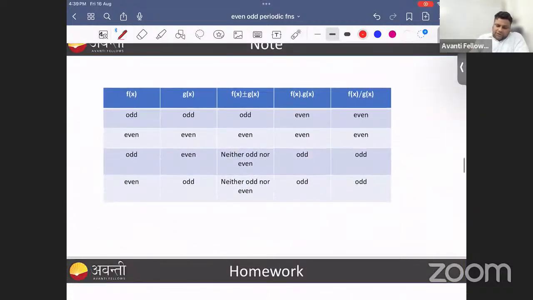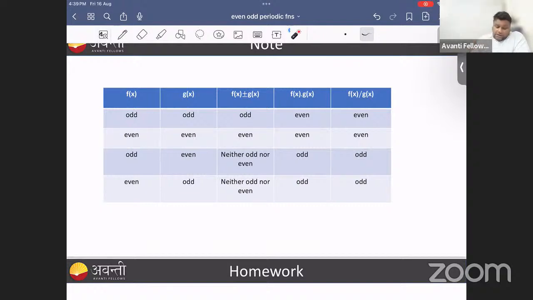Now, see, you have two functions f(x) and g(x). If they both are odd, then their sum or difference is going to be an odd function. Their product is going to be an even function and their division is also going to be an even function. Simple thing to analyze. Got it? If f(x) is even, g(x) is also even, their sum, difference, product and quotient are all going to be even.